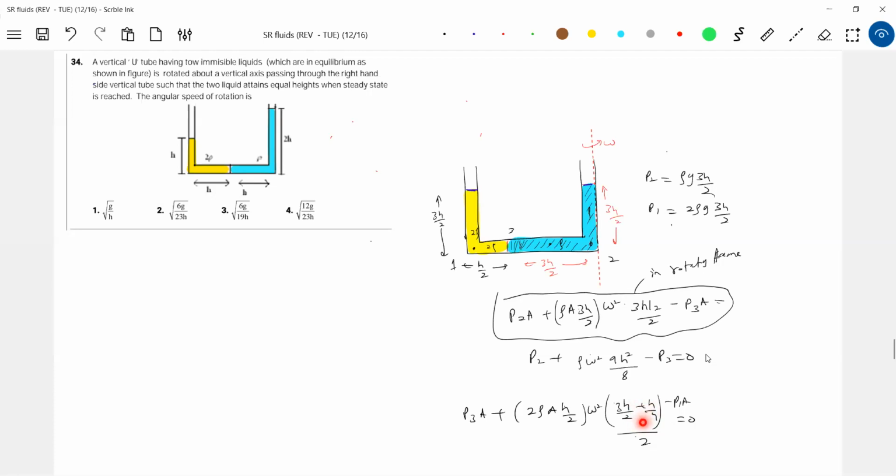Is this correct or shall I make any correction? Anybody? Distance from the point of rotation. Where will the center of mass of this liquid be? 3h by 2 plus h by 4.